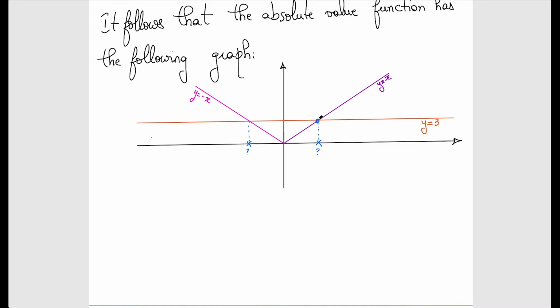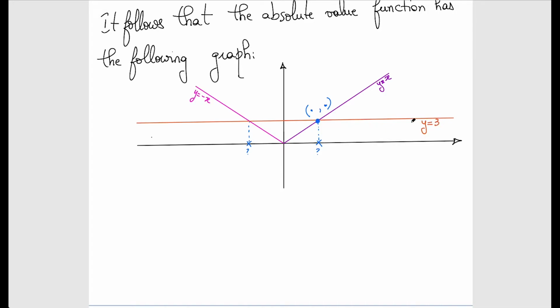So this point here has two coordinates, right? So on one hand, the two coordinates are the same because this point belongs to the purple line, and any point on the purple line has the x and the y the same. On the other hand, it also belongs to the orange graph, and the orange graph has the collection of all points whose y coordinate is 3.